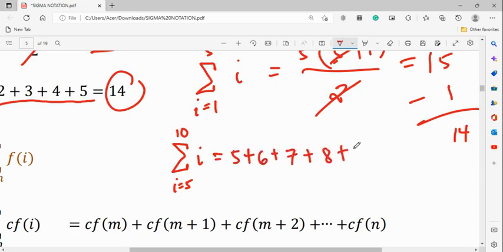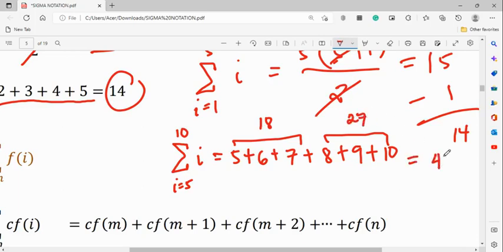It's 5 plus 6 plus 7 plus 8 plus 9 plus 10, no? This can be your first option. So, 11 plus 7, 18. So, this is already 18. 18 plus 9, 27. Your answer is 40, 45, no?